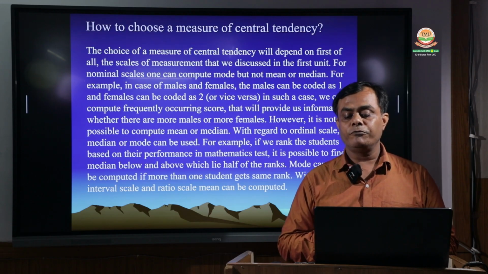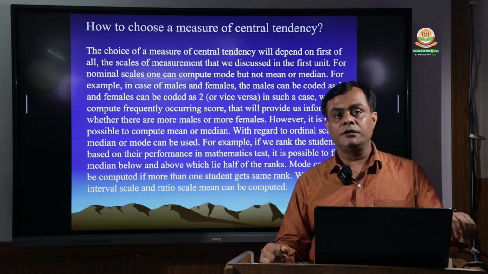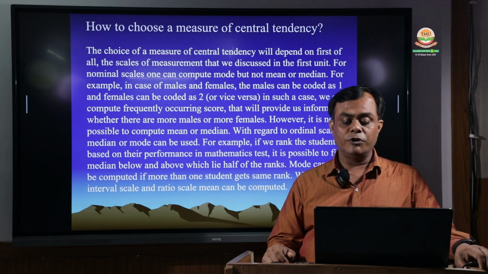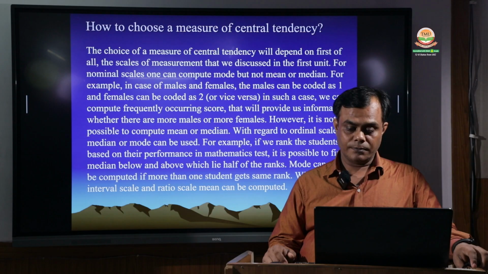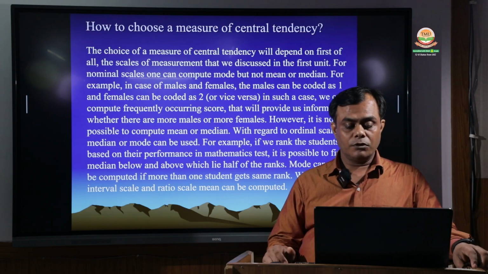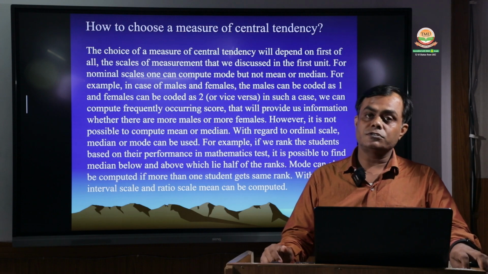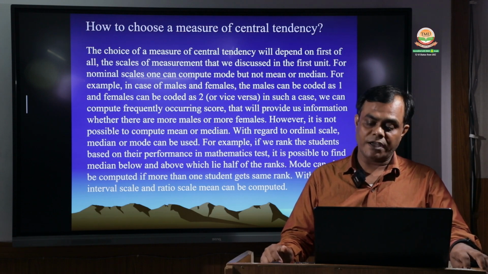For example, if we rank the students based on their performance in a mathematics test, it is possible to find the median, below and above which lie half of the ranks. Mode can also be computed if more than one student gets the same rank.